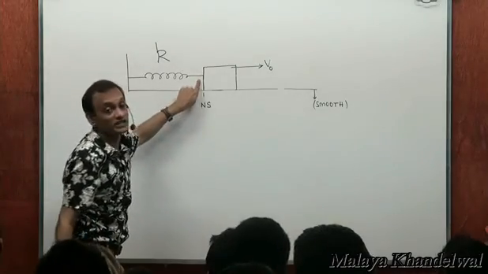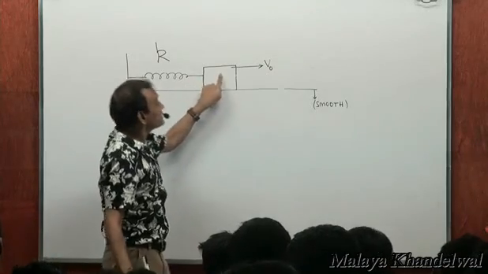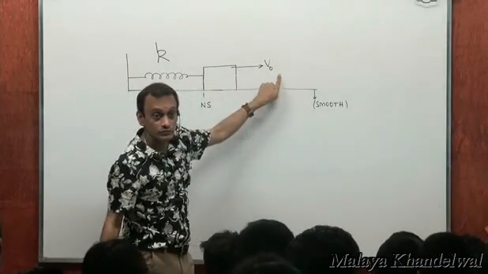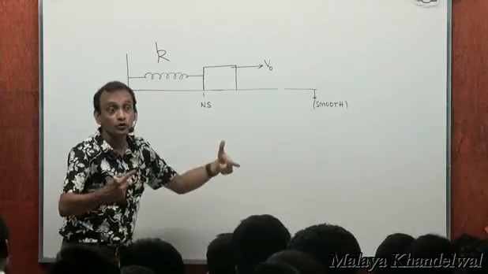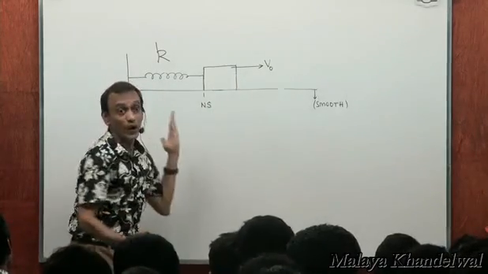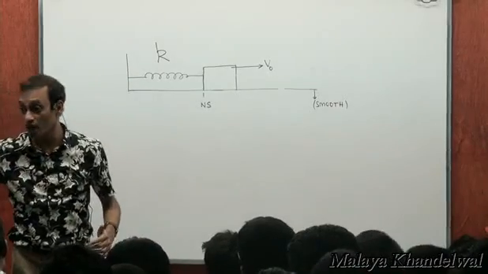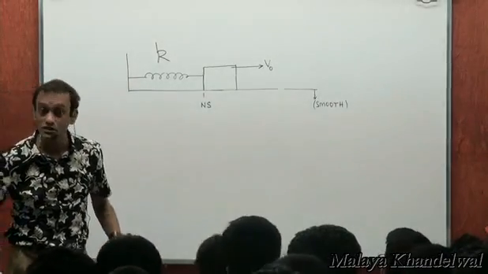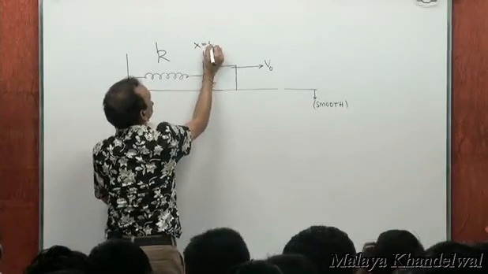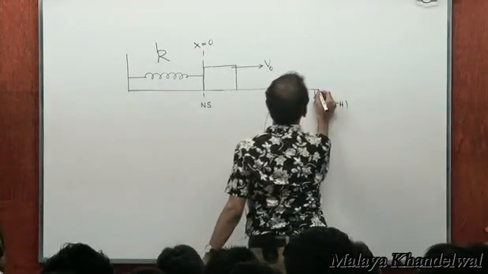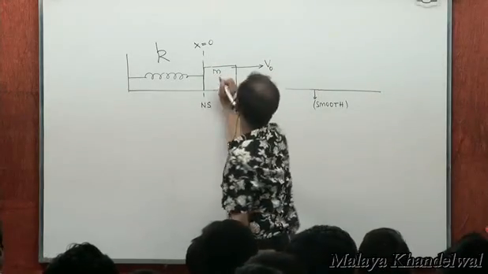Initially, the spring is in its natural state, so spring force is 0. But while this mass moves to the right, it will elongate the spring. Therefore, the spring force will start to act leftwards in this direction. It will therefore start to retard the particle. So this was, let's say, x equal to 0. So the velocity will decrease, particle of mass m.